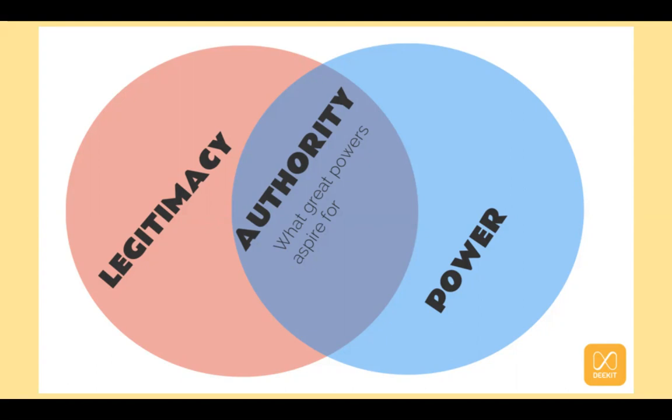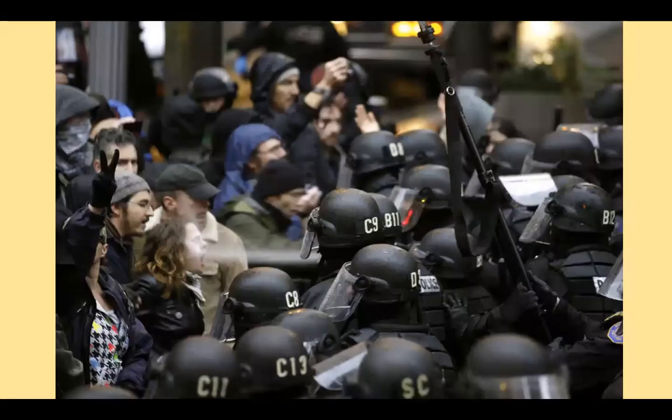Now, you might be able to use power to change the legal code and change the rules so as to legitimate or confer more authority upon you, but power is still a separate quantity in this understanding. So legitimacy and authority go hand in hand, and it's from that rational legal sort of source of legitimacy that authority derives, and that's where state actors get their power.